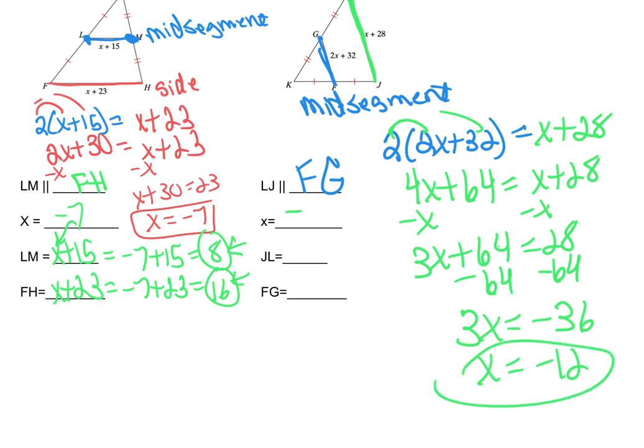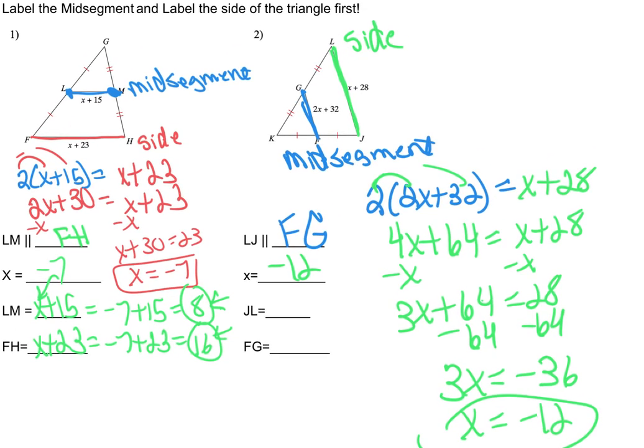So we know x equals negative 12, and then we're just going to go back and substitute in. JL, that's our side, is x plus 28, so that would be negative 12 plus 28, which is 16.